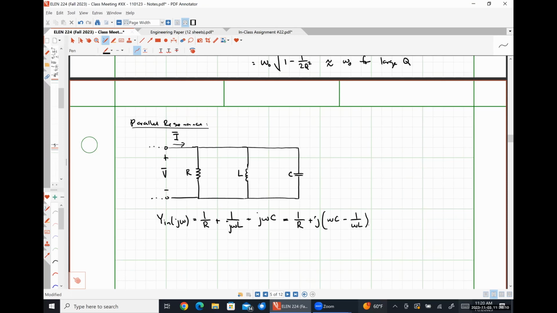So in order for resonance to occur, we need omega C to be equal to 1 over omega L, which occurs when omega is equal to the square root of 1 over LC, and we call this omega naught.